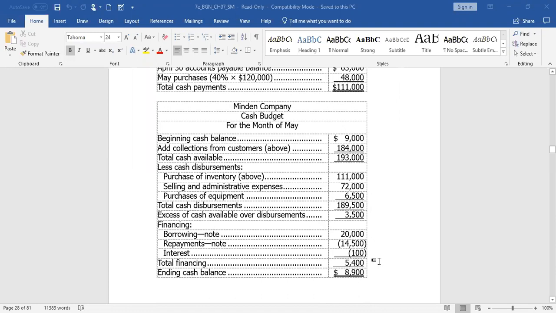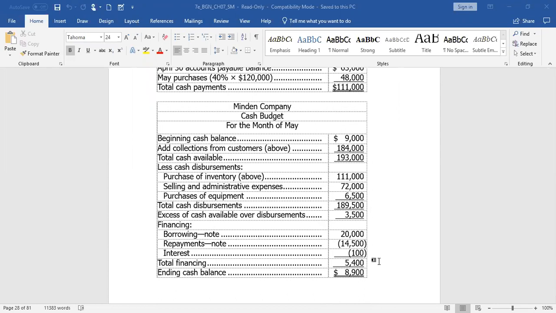Now, let's see how any kind of financing affects the company. During May, in letter G, the company will borrow $20,000 from the bank by giving a new note payable to the bank for that amount. The new note will be due in 1 year. So they're going to receive $20,000 in cash.